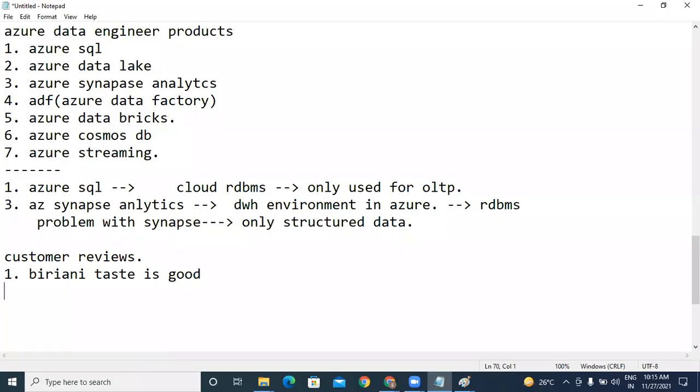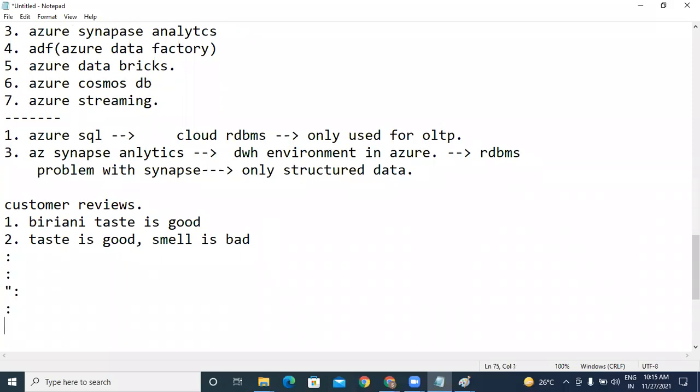Positive. The second customer is saying something good, something bad, but finally there is more negativity. In this way, if you have 100 customers or 1000 customers, they have commented in their own different styles.